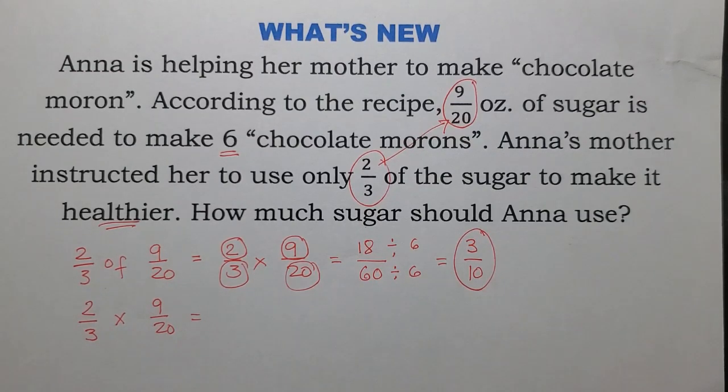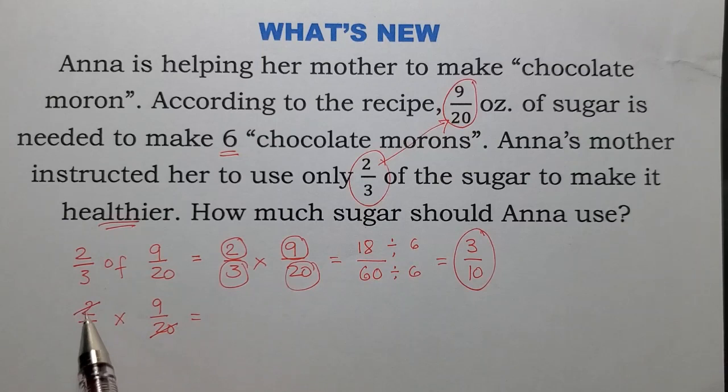For example, if you notice here, our 2 here and our 20 here are both divisible by 2. So if we could divide the numerator and the denominator by a factor, remember, I would like to emphasize and repeat, only the numerator and denominator, not numerator and numerator, or denominator and denominator.